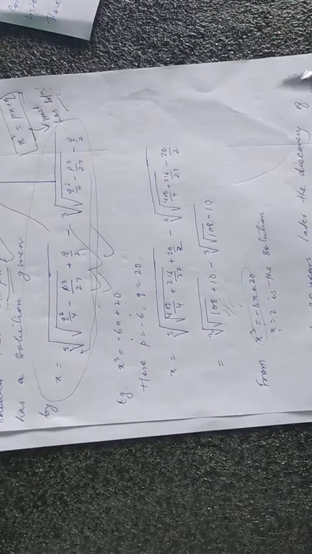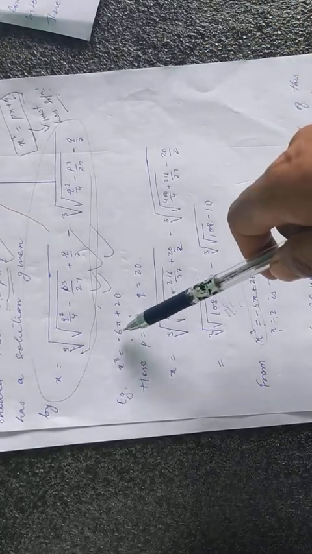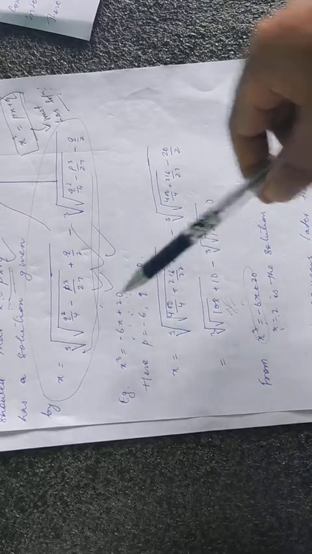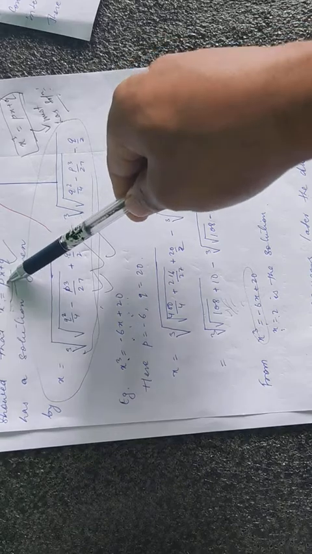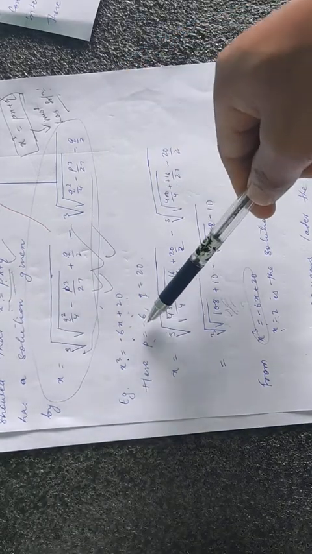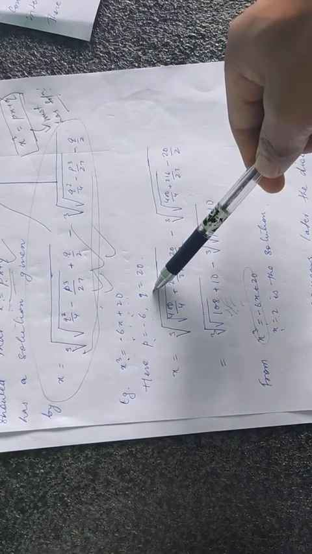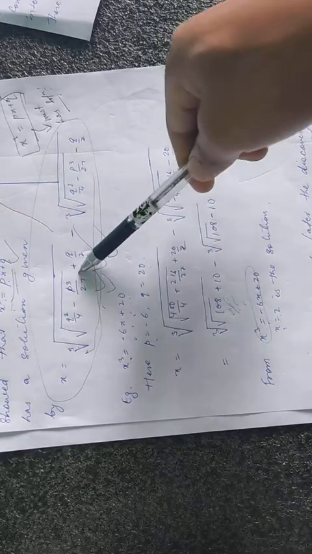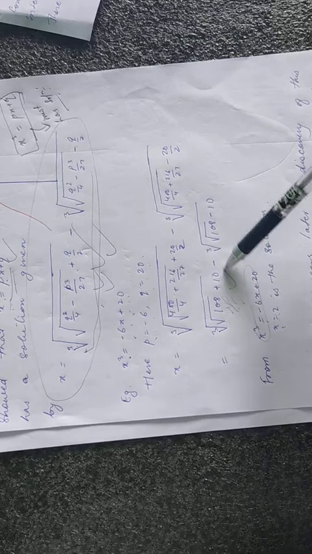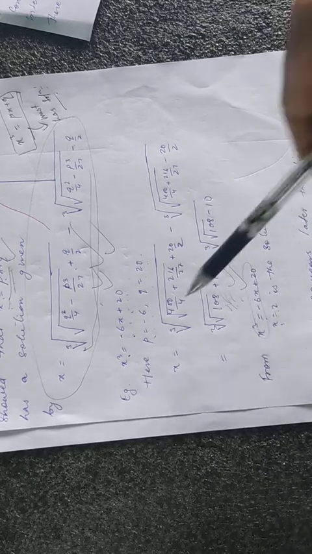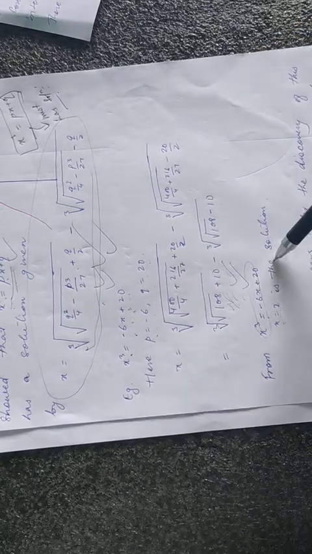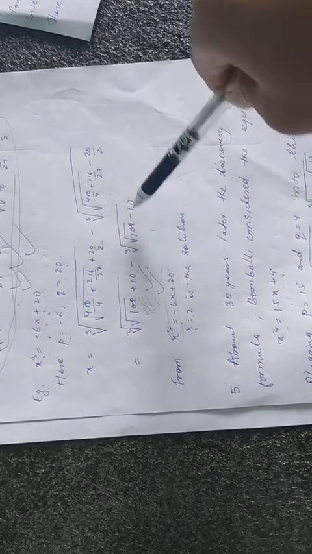Now if we consider x cube equal to minus 6x plus 20, and compare it with this equation, then the value of p equals minus 6 and the value of q equals 20. If we put the values of p and q in this solution, we get this, and we know one solution of this equation is 2. Up to this point there was no problem.